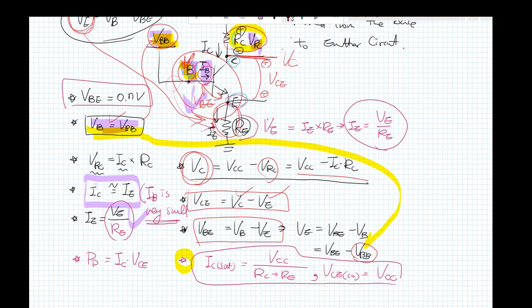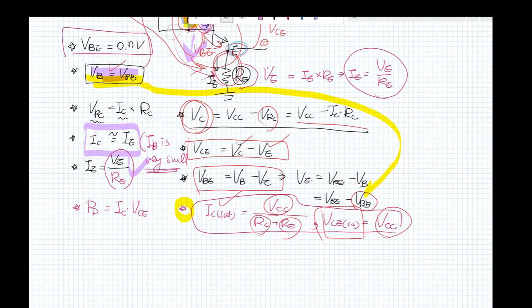So for this case, as I said before, they are different for I sub C saturation and V sub CE cutoff compared to the base bias. For this case, it is V sub CC divided by R sub C plus R sub E. And then the V sub CE cutoff is equal to the V sub CC.